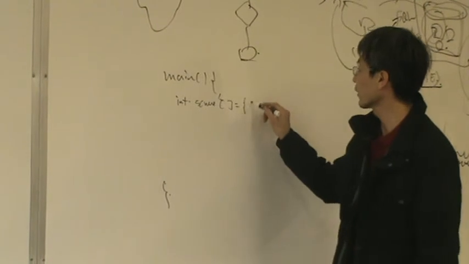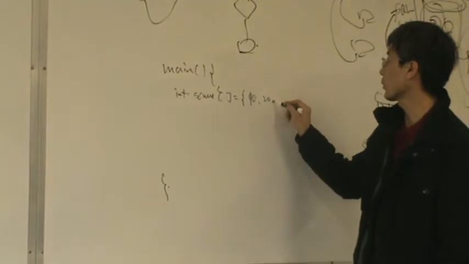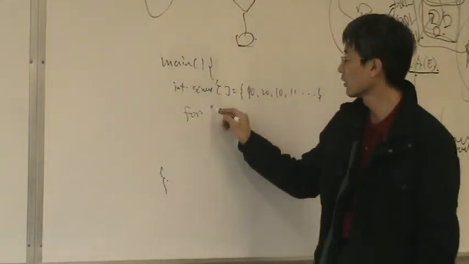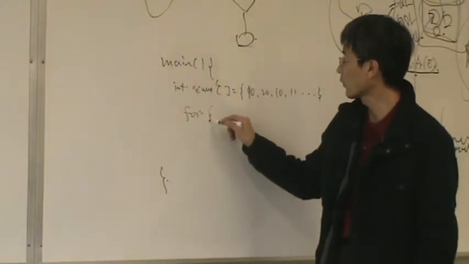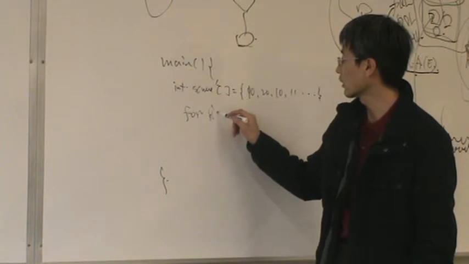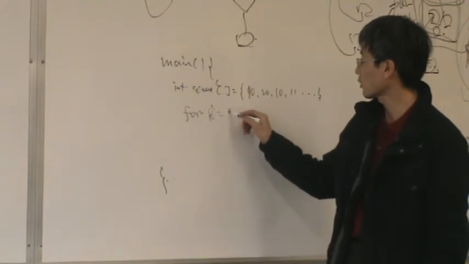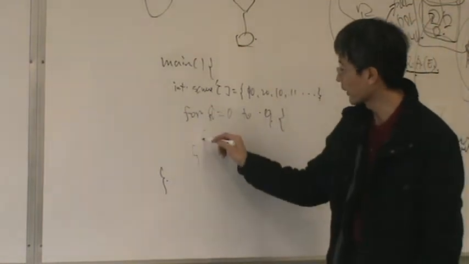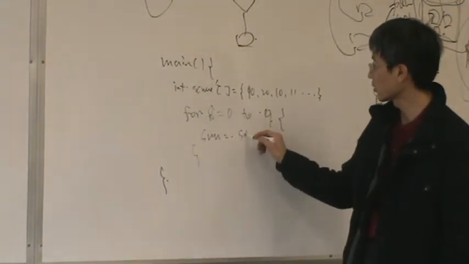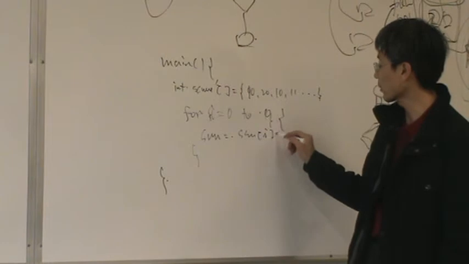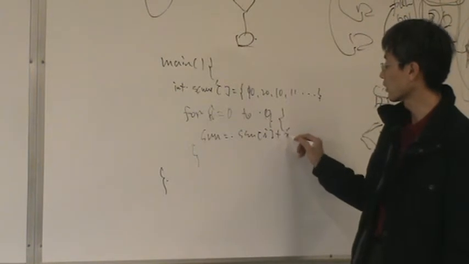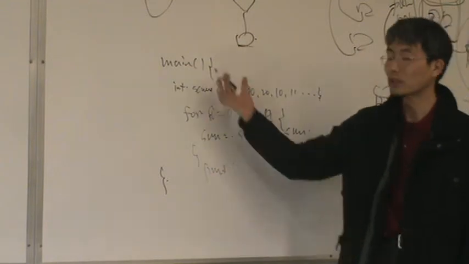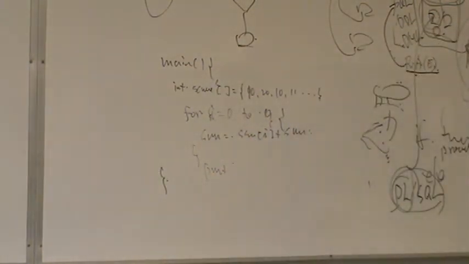You need to specify the 10 points, 20 points, 10 points, 11 points, and so on. Then in your for loop, for i equal 0 to 9, sum plus equals square i. Then print. So it's just programming.